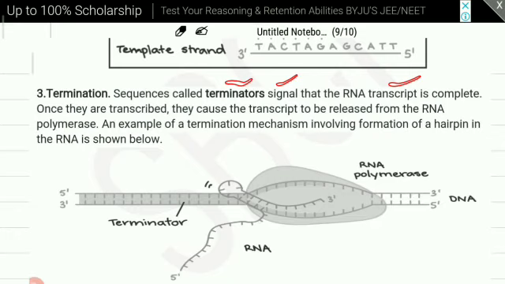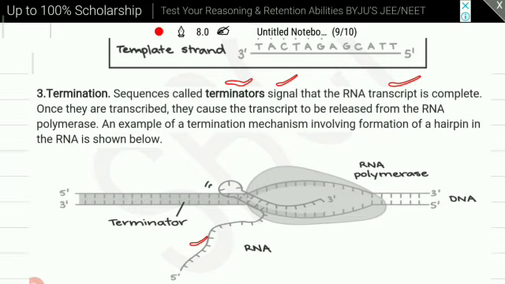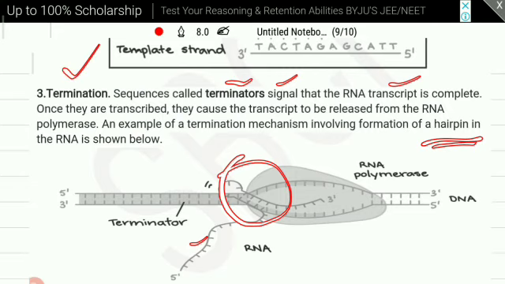You can see here, this is called a hairpin structure. Once the polymerase comes across some kind of terminator signals, it forms a hairpin structure so that the transcription comes to a halt. So this is called the termination of transcription.